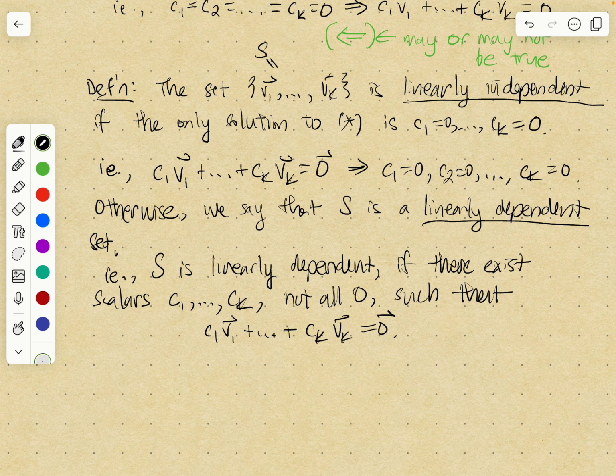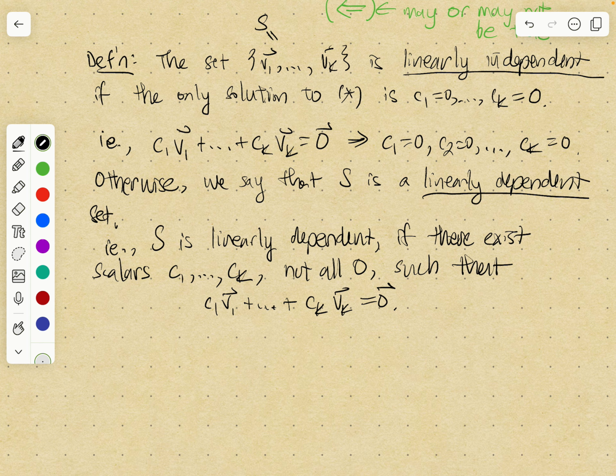Now it may be that some of the ci's are 0, but to be linearly dependent, it means that there are scalars where not all of them are 0. Okay, so at least one of them is not 0. Right, let's just look at an example.